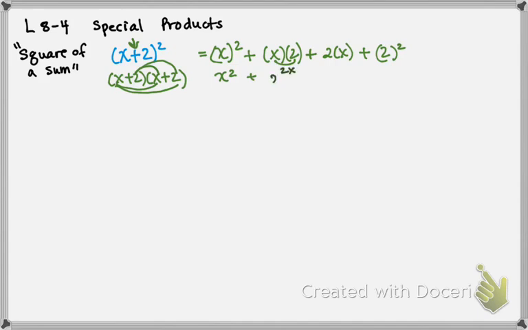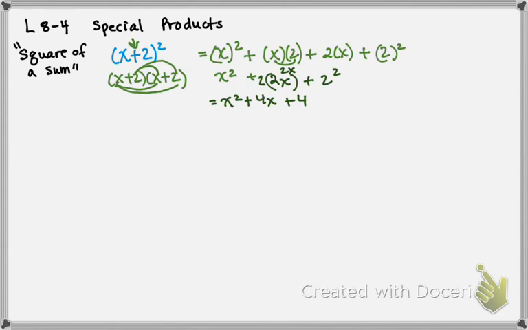So I actually have 2x that shows up twice. And then I have that 2 squared. So what I end up with for a final answer is x squared plus 4x plus 4.